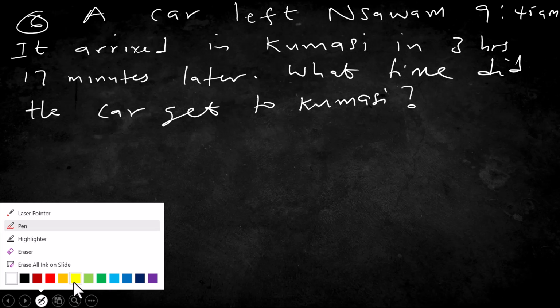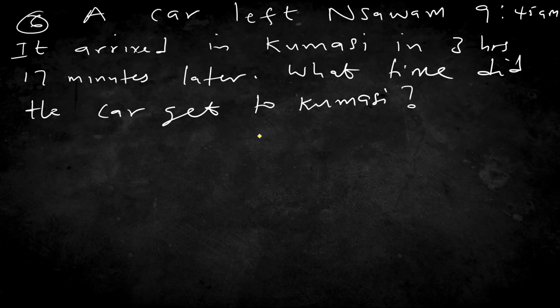All right, so let's go through this question. A car left Sawam at 9:45 a.m. It arrived in Kumasi 3 hours 17 minutes later. So what time did the car get to Kumasi? So very simple.